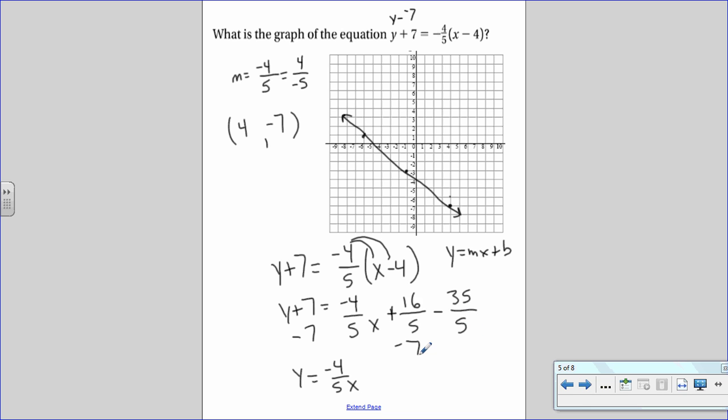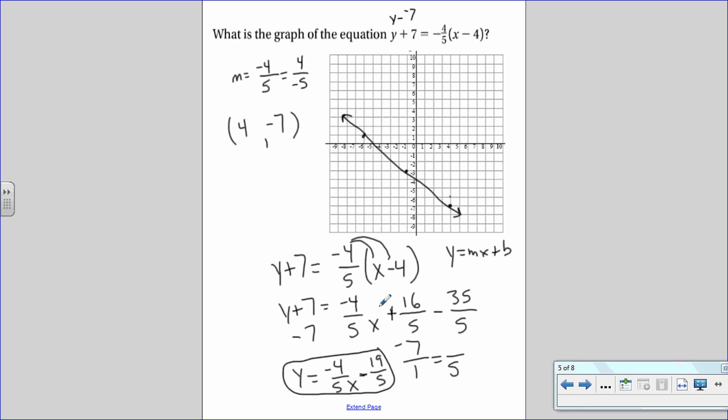I did that by saying this is 7 over 1, but I need to turn it into fifths. Well, 1 times 5 gives 5, and negative 7 times 5 gives you negative 35. So 16 minus 35 gives us negative 19, so that's minus 19 fifths.